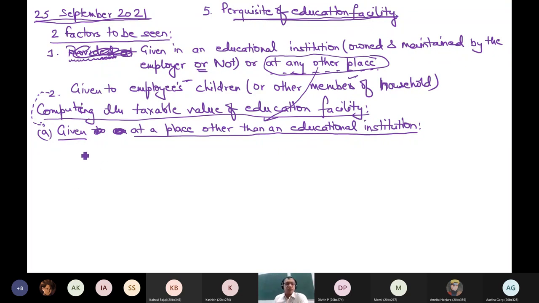Whatever is the actual expenditure of the employer, whatever fees, etc., which the employer is giving to make sure that the employees' children or other members are studying at that place. So whatever is the actual expenditure of the employer, that becomes my benefit as an employee.